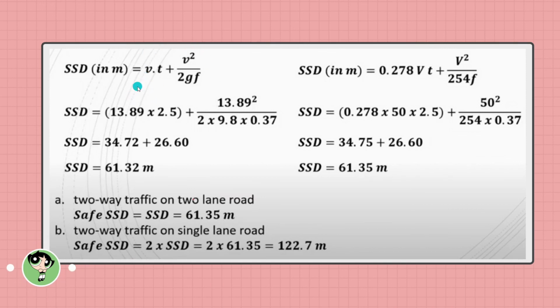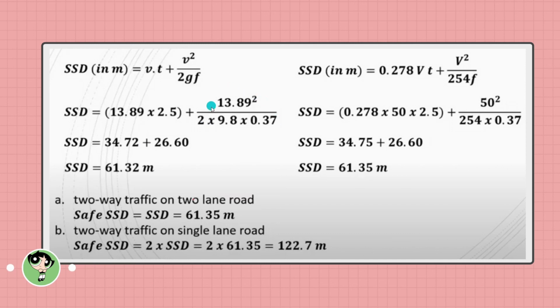Our V in meters per second, which is 13.89, times our reaction time, which is 2.5, plus our V still 13.89 squared over 2, the 2 here is a constant, times our gravity 9.8 and times our friction 0.37. So multiply 13.89 times 2.5, plug in the calculator, and we will have a value of 34.72.